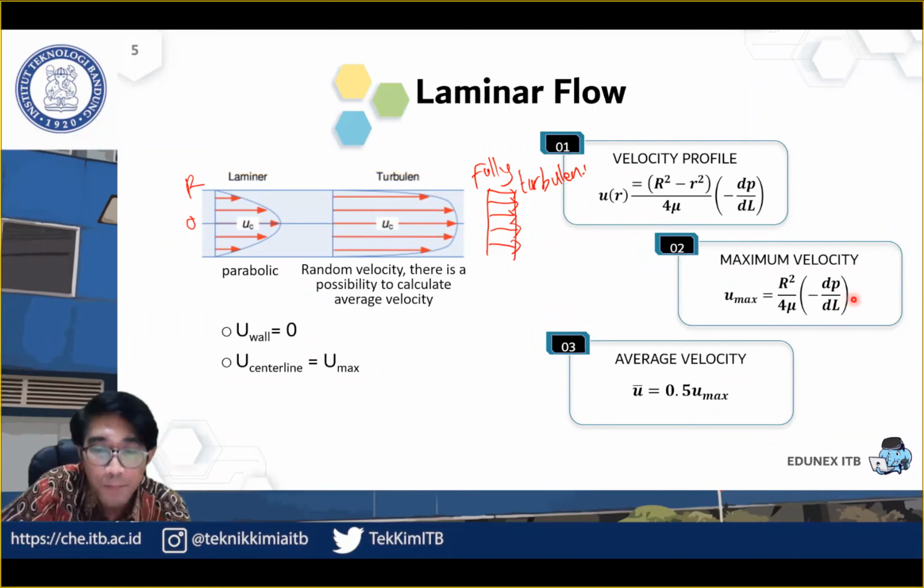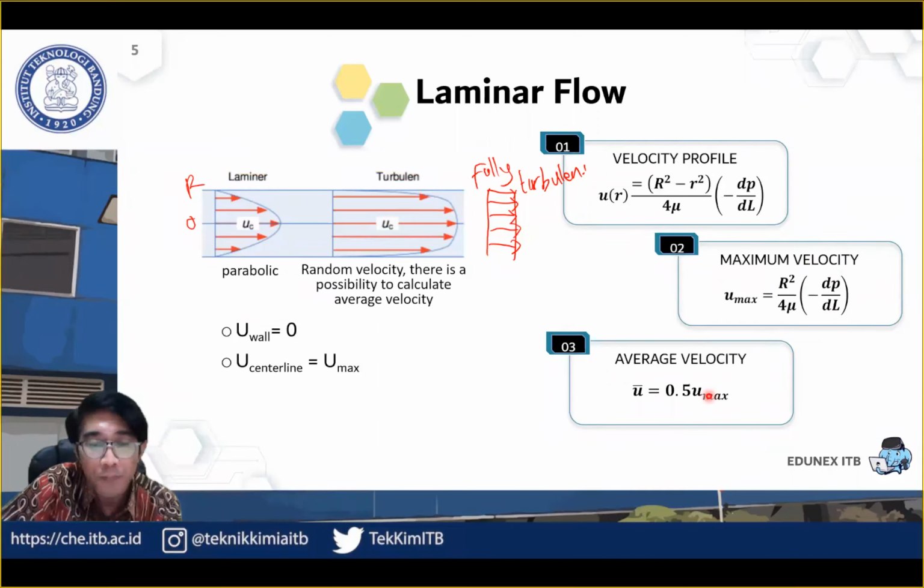Jadi beda tekan sepanjang pipa. Harus tahu nilai panjang pipanya dan beda tekannya. Nanti di materi selanjutnya kita akan bahas bagaimana cara menentukannya. Ini untuk tahu dulu saja. So at the center point, the maximum velocity can be calculated using this one.